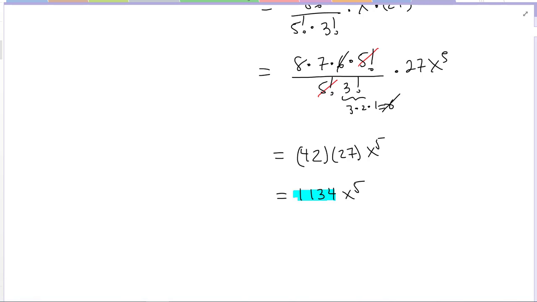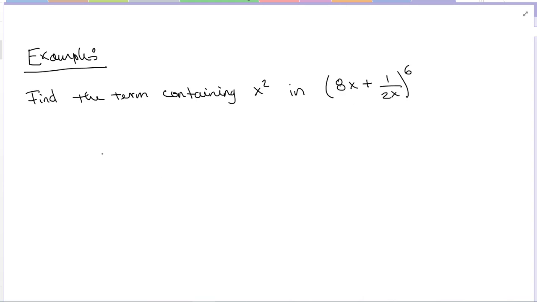Okay, so let's try another example. In this second example, we want to find the term containing x squared in the expansion of (8x + 1 over 2x) to the 6. So notice that here, our a is 8x, and b is 1 over 2x.